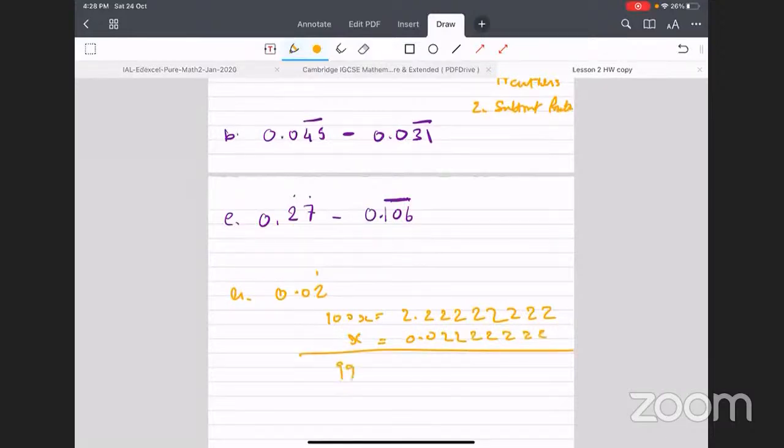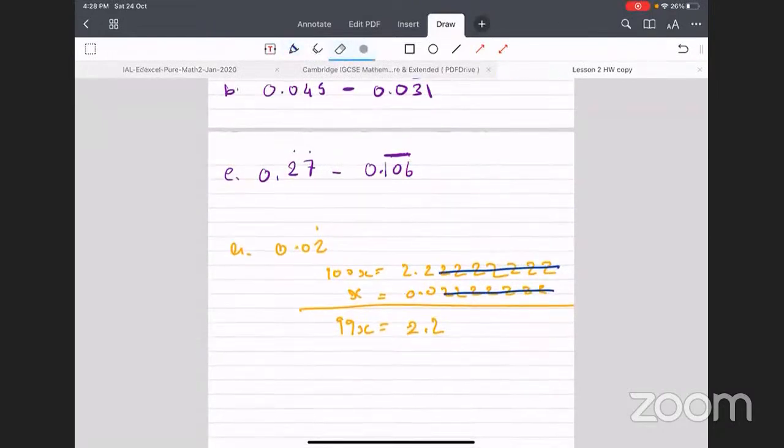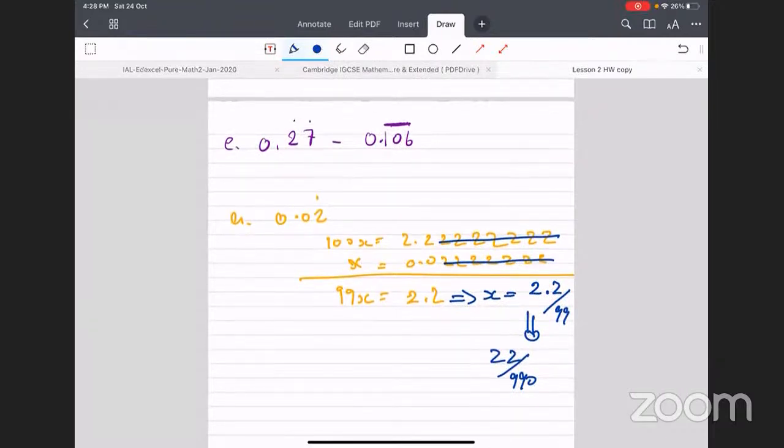So 99x would be equal to 2.2, because these will cancel out. So x equals 2.2 over 99, which is equal to 22 over 990. Is it easy up to now, right?